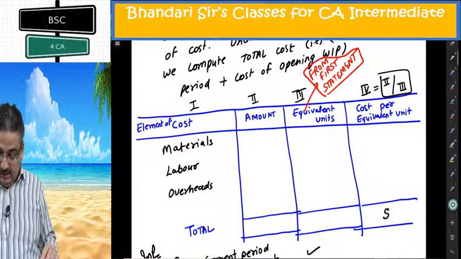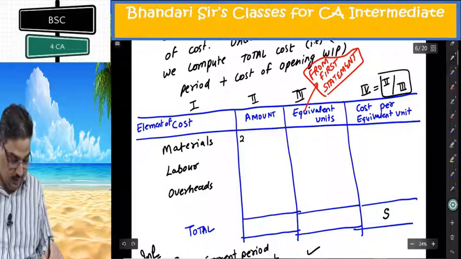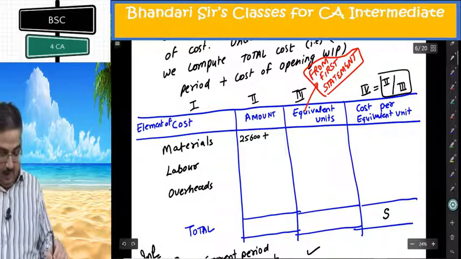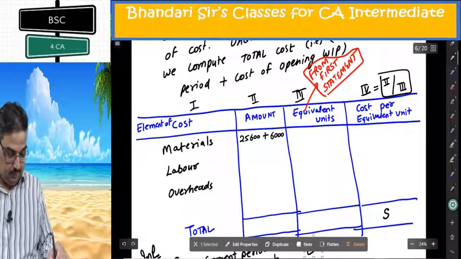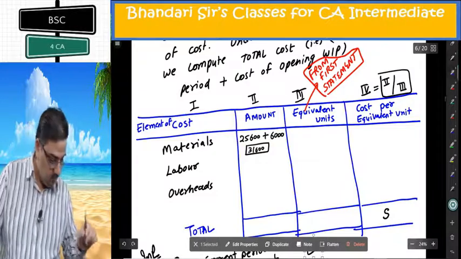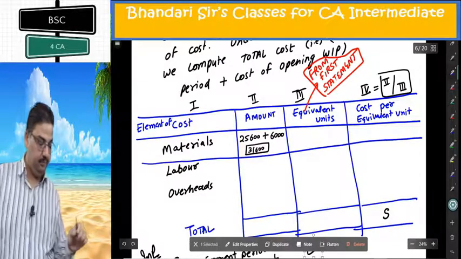In materials, current period, the cost which has been incurred is 25,600. Add in opening WIP is 6,000. It becomes 31,600 for material. Material cost that I am getting there is 31,600.